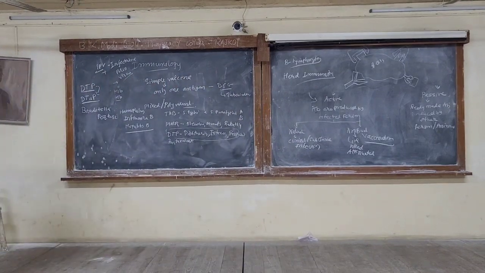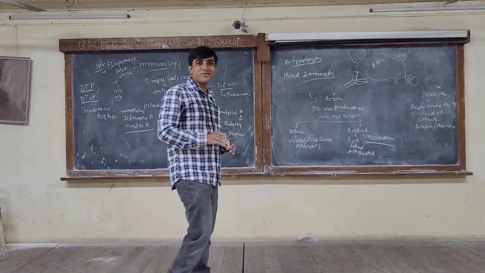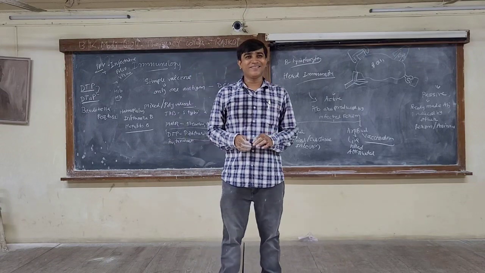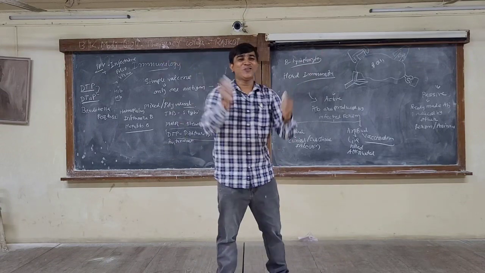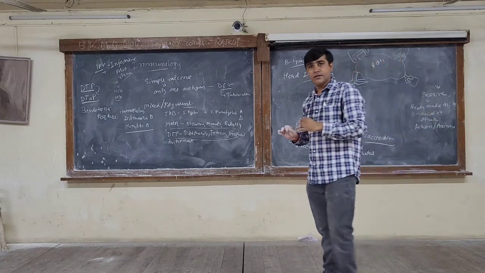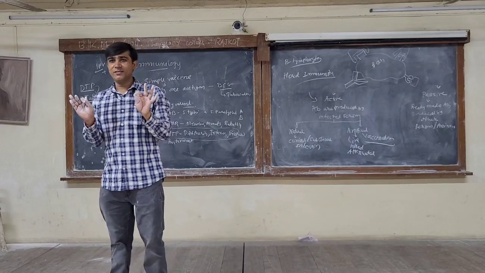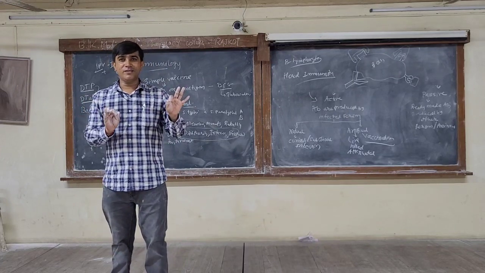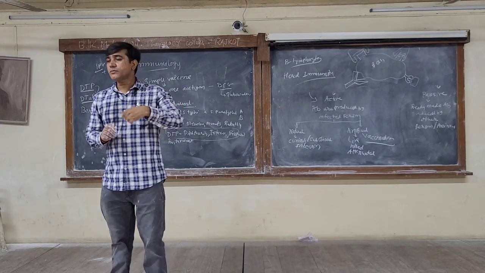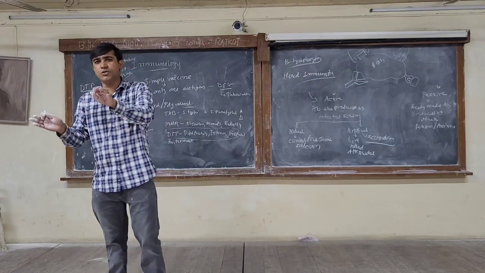Now, technically the meaning of herd immunity: herd means a crowd, right? So herd means a group of people or group of animals, whatever. For that we are using this word.